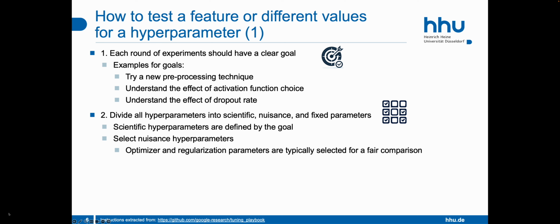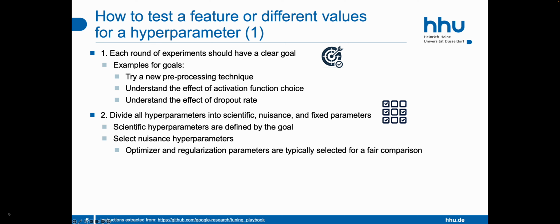Then we would have to decide if we want to make additional hyperparameters nuisance parameters. For example, we could make the number of hidden layers a nuisance parameter because we could expect that the dropout rate depends on the number of layers. But if we are very limited by computational resources, we could also decide to make these fixed parameters.